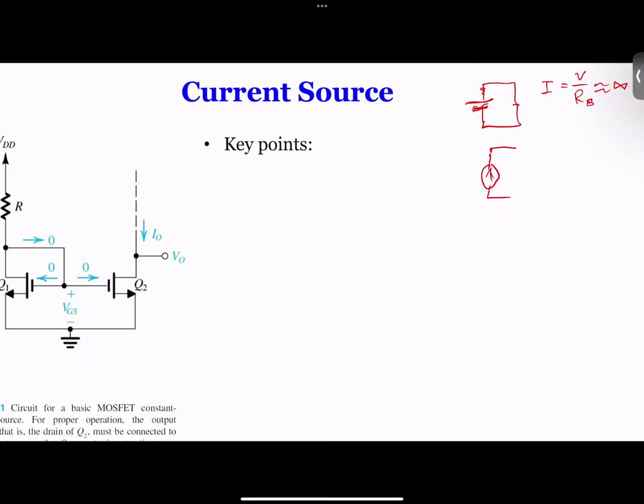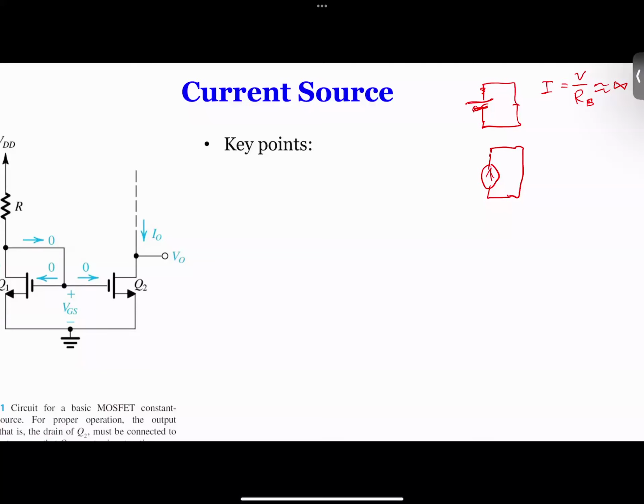If it's a current source, it means current has to flow. It cannot be stopped. If you stop it, it will generate a very high voltage, and this thing will not work. So for a current source, we have to short it. You short a current source, it's okay, its current just keeps flowing and nothing happens.